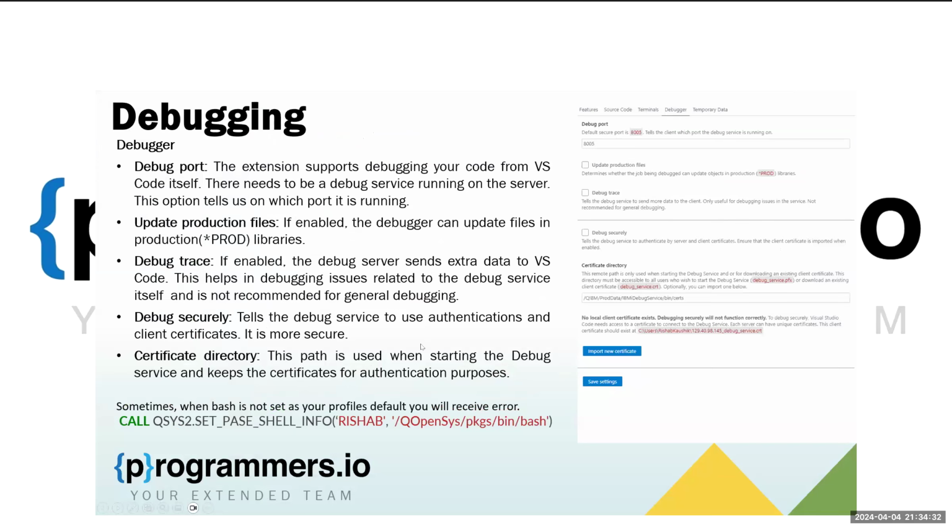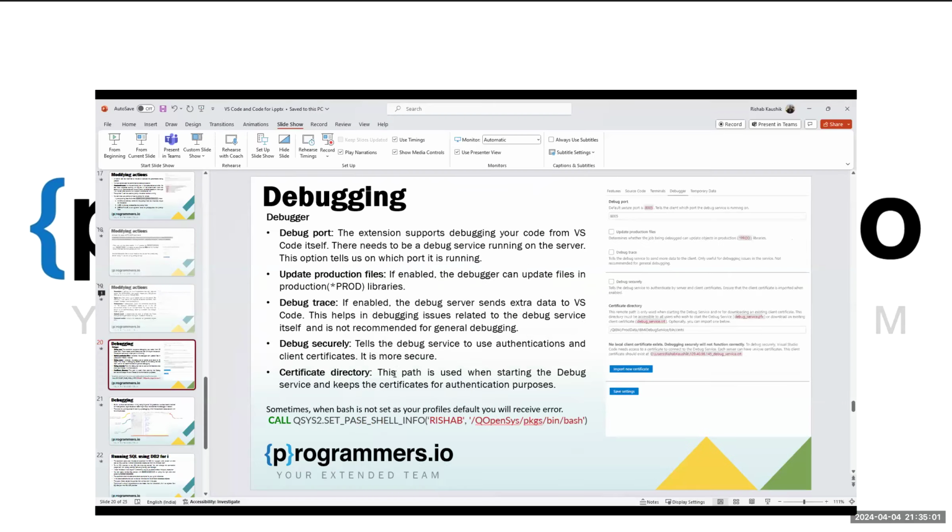Well, for that we have debugging functionality that is being provided using the debug adapter that is in the development pack itself. So before debugging, there are a few considerations that you need to make. You should be at least running V7R3, and there are some PTFs that are recommended before debugging your source code.